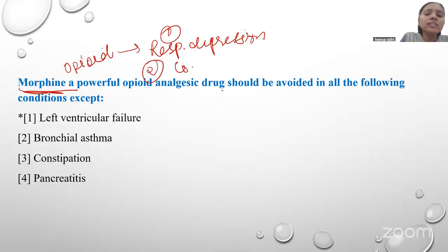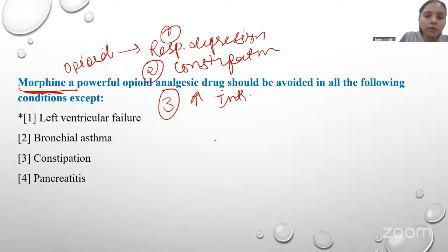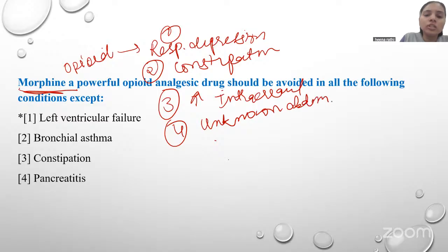Opioid addicts are severely constipated, yes. Opioids lead to increased intracranial pressure, yes. If there is abdominal pain of unknown reason, opioids are going to increase that pain because they increase the intrabiliary pressure also.